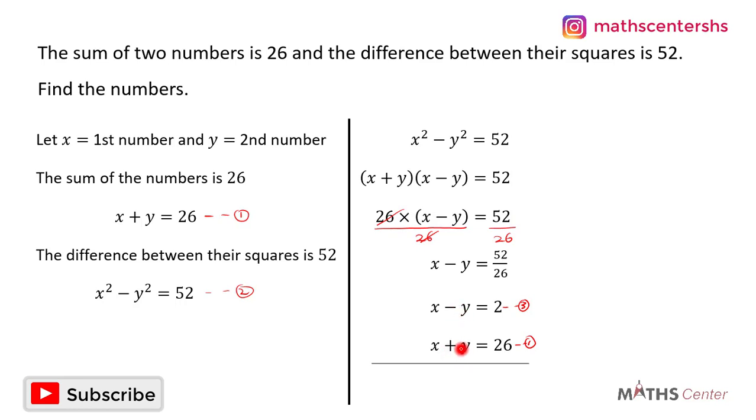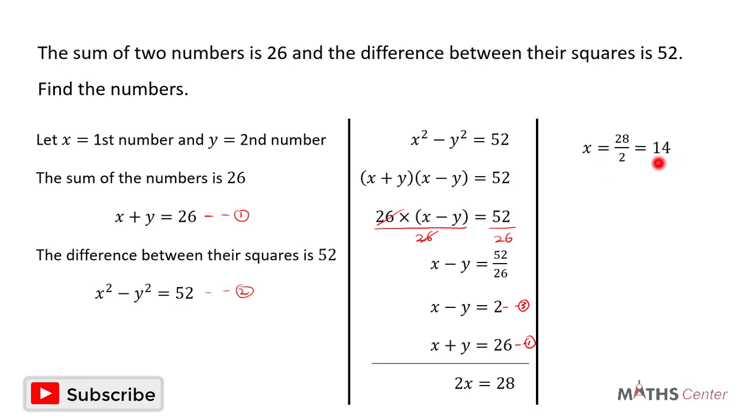Negative y plus y will give me 0. And 2 plus 26 will give me 28. And so when we add these two equations, we will have 2x is equal to 28. To get the value of x, I'll divide both sides by 2. And this will give us x is equal to 28 divided by 2, which is 14. So we have the value of x as 14.